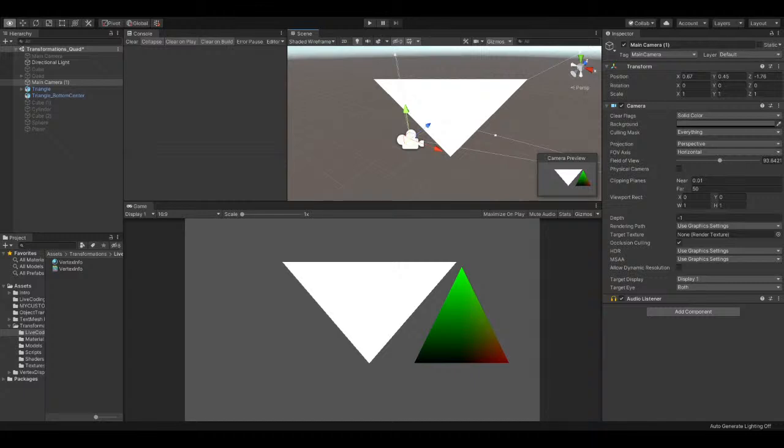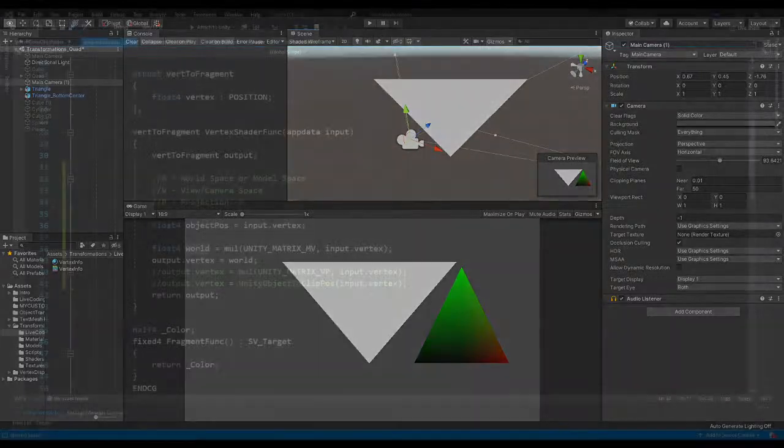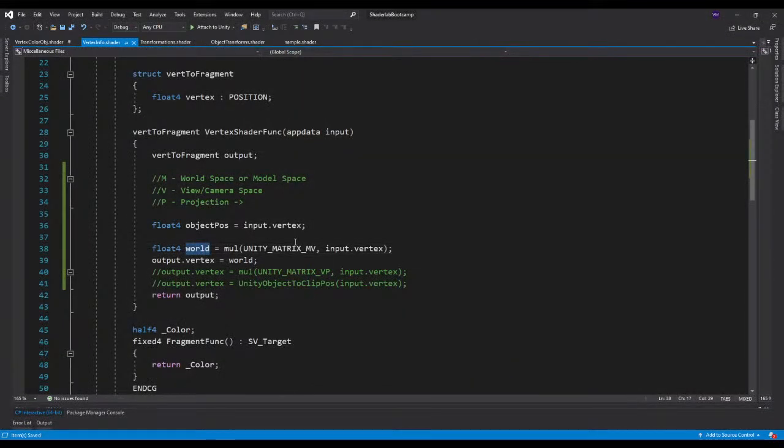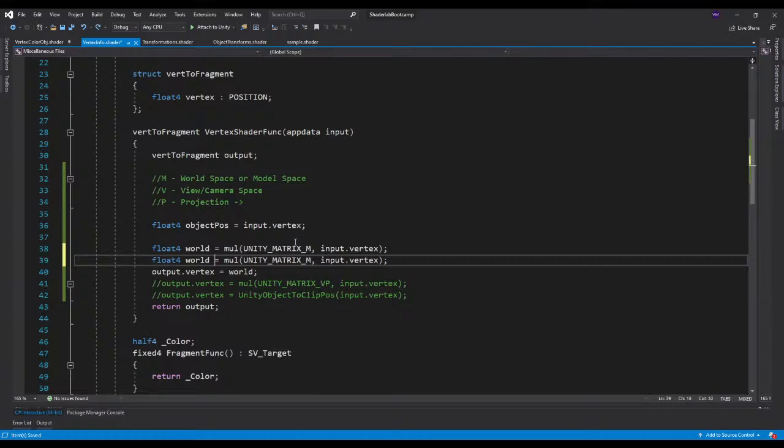Then we say, okay, let's multiply this by the view also. I'm just going to take a new variable called view and multiply it by model in view, because first we have to multiply it by the model to get the model space vertices, then view.